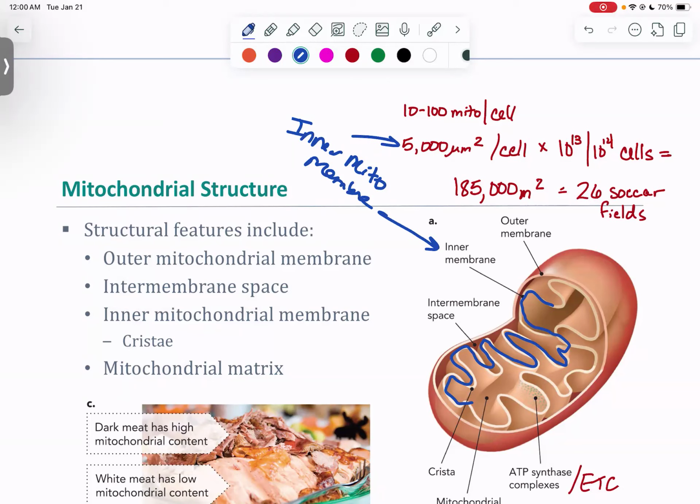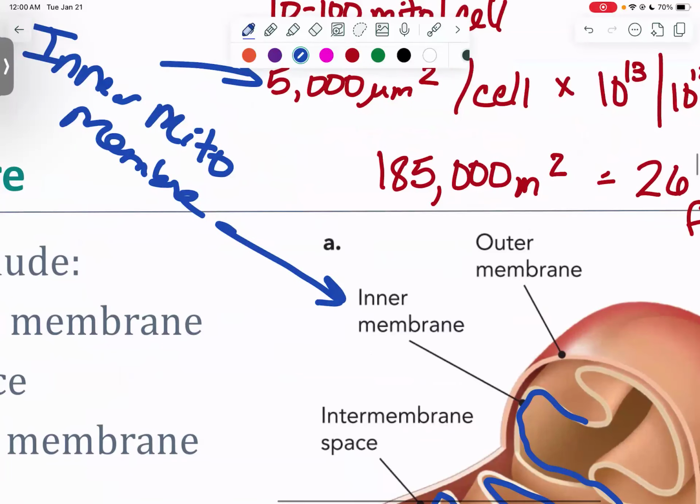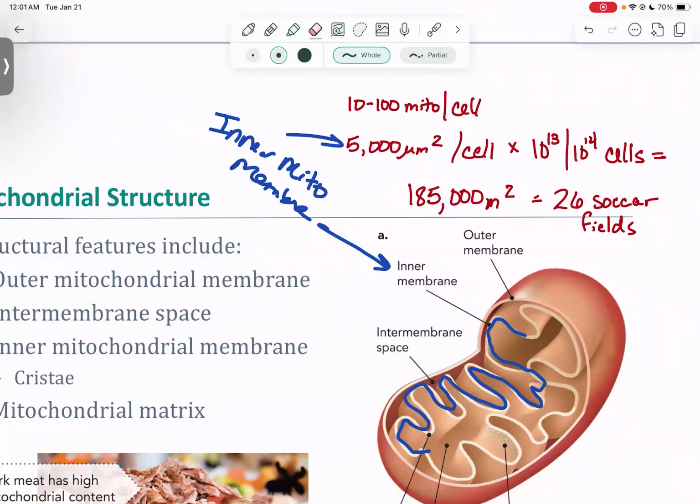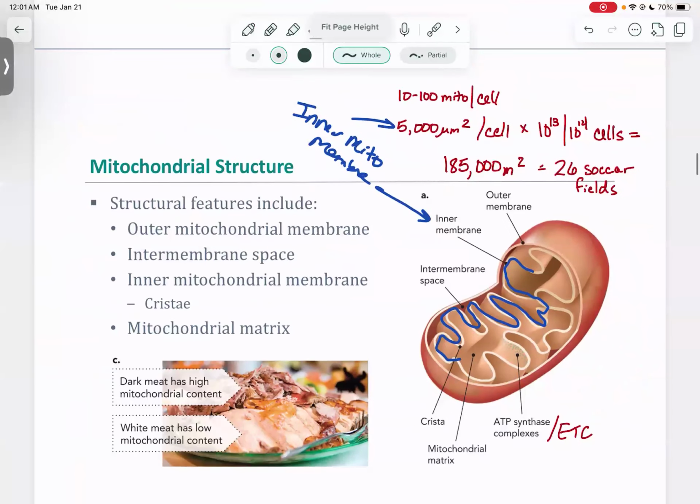So if you take that surface area and you multiply that times the number of cells that we have, okay, we have like a trillion cells. That gives you 185 meters squared. So that's 26 full-size soccer fields of, I love numbers like this, of inner mitochondrial membrane per person.